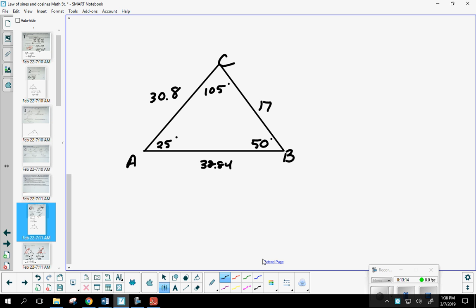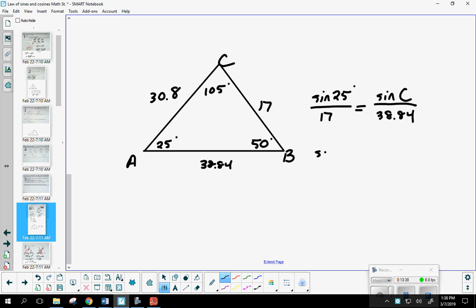Let's take a pair, 25 and 17. So sine of 25 degrees over 17 is equal to, let's say we don't know what that is, sine of C over 38.84. Would everybody agree? With everything we know so far, it should be coming up as 105 degrees.